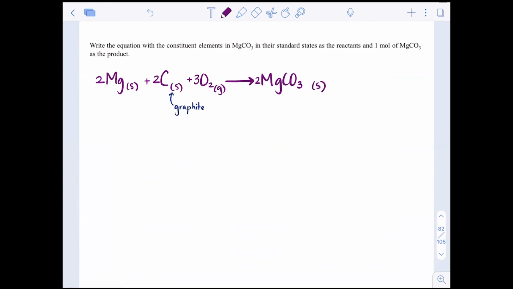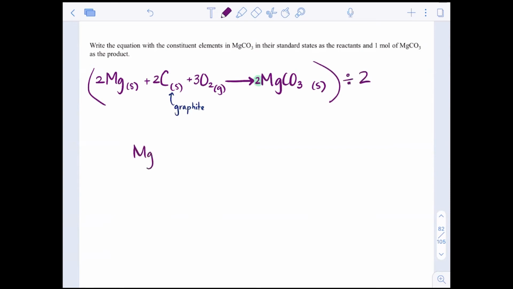This is not a standard enthalpy of formation reaction. Why? Because it doesn't follow the definition. Yes, the reaction is making the molecule from its constituent elements. However, we need to have this normalized or standardized to make 1 mole of 1 compound. So we would take this reaction and divide everything by 2.